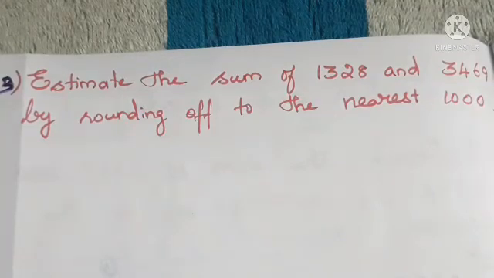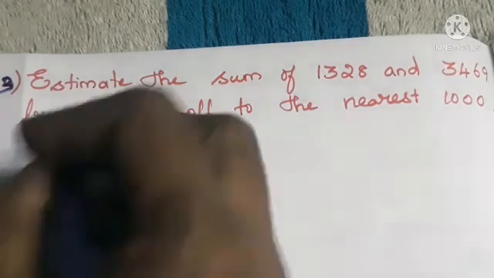If the digit in the 100 place is less than 5, we keep the 1000 place as it is and make the 100, tens and ones places zeros. Suppose the 100 place has 5 or more than 5, then we have to add 1 to the 1000 place and make zeros in the 100, tens and ones. Okay, so we can do this.